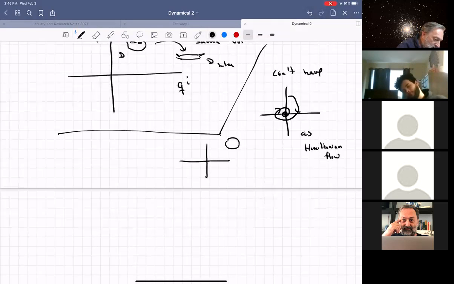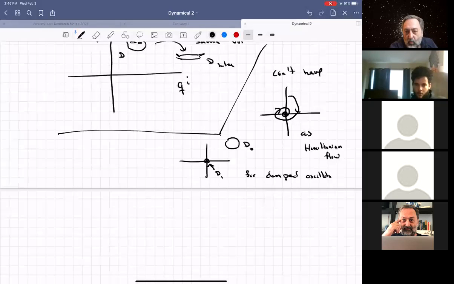If you started with some disk of phase space, let's just say this is D0. At some later time, you would be at D1. And the volume taken up by those trajectories at some later time would have shrunk.